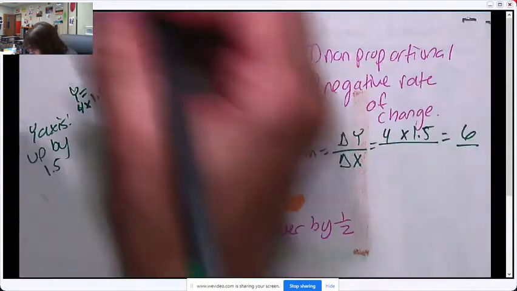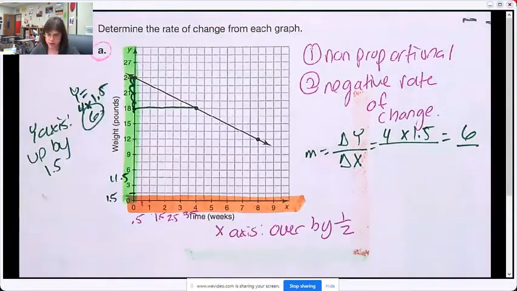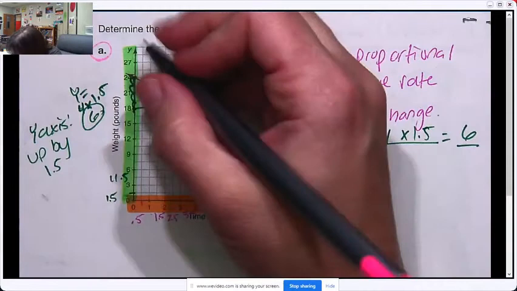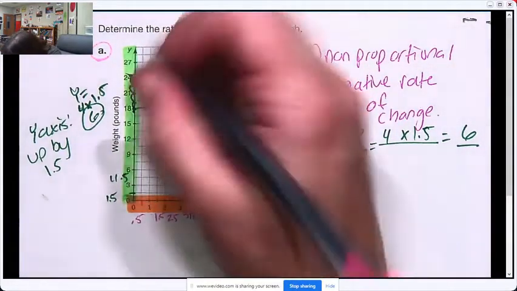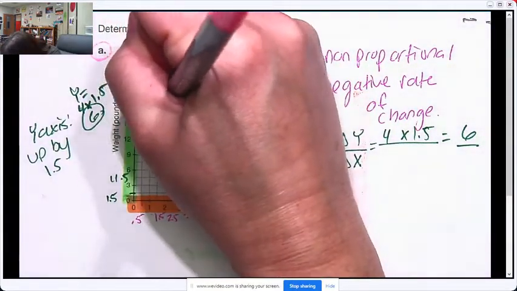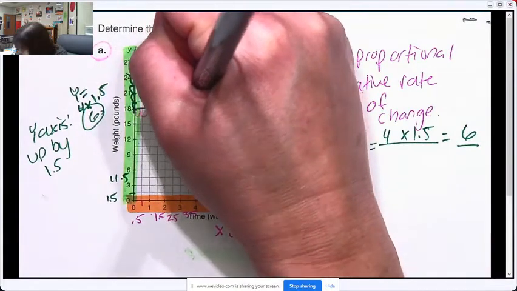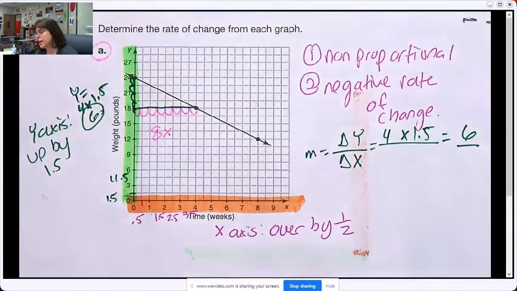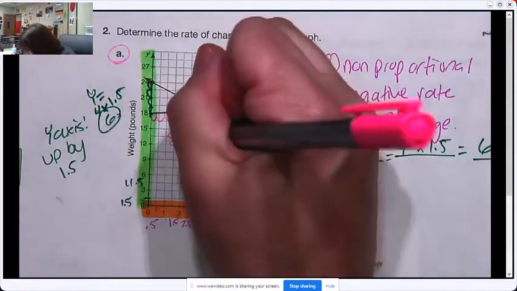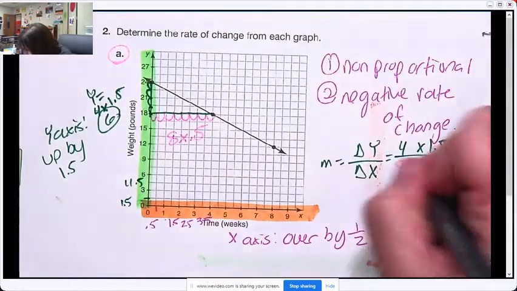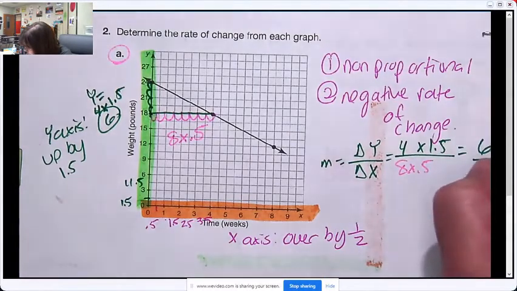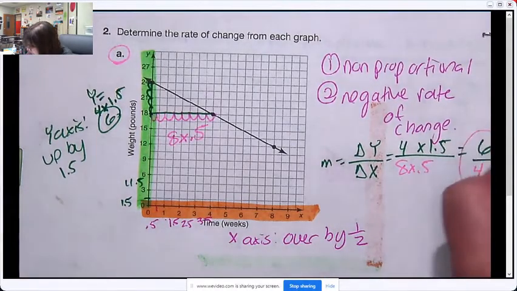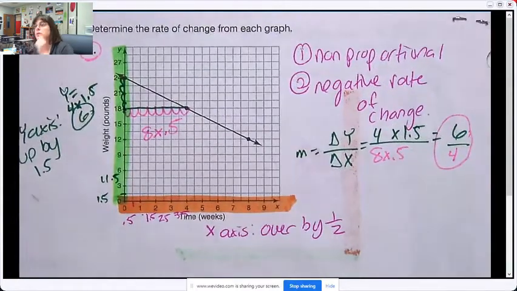Okay? Then I can come over. I need to count this distance across. So that's 1, 2, 3, 4, 5, 6, 7, 8 blocks across times, and I can see that that scale is 1/2. That's 8 times 1/2, which gives me 4. 6 over 4 would be my rate of change.